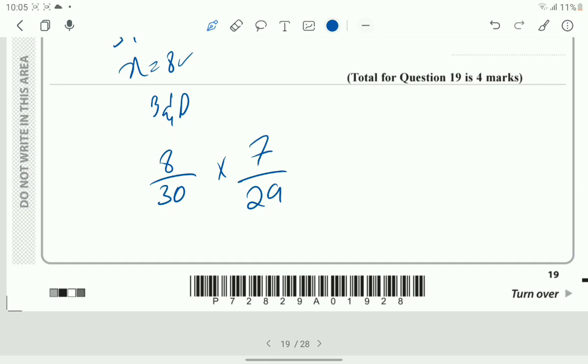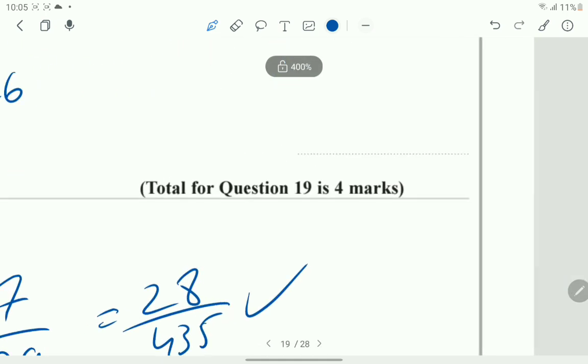Solving this fraction in a calculator, we get 4 over 35. So that is your final answer. Write it in the answer space and you're good to go.